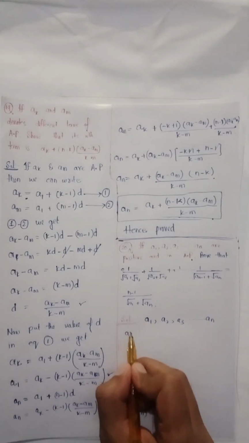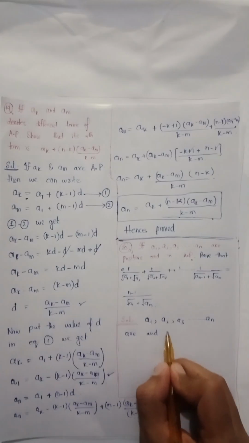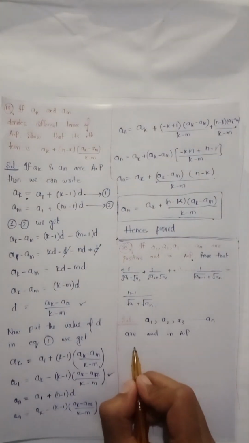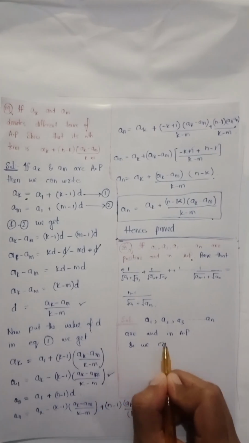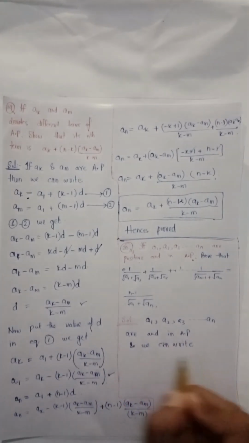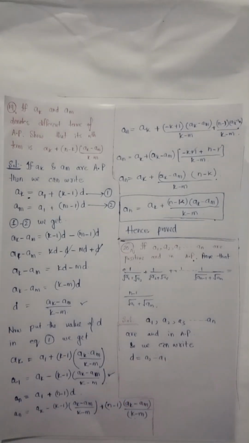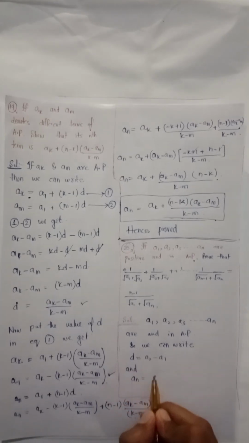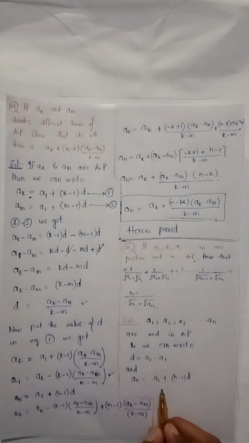So if these are in arithmetic progression we can write common difference d equals a2 minus a1, and an equals a1 plus n minus 1 into d, and from here we can find d equals an minus a1 over n minus 1.